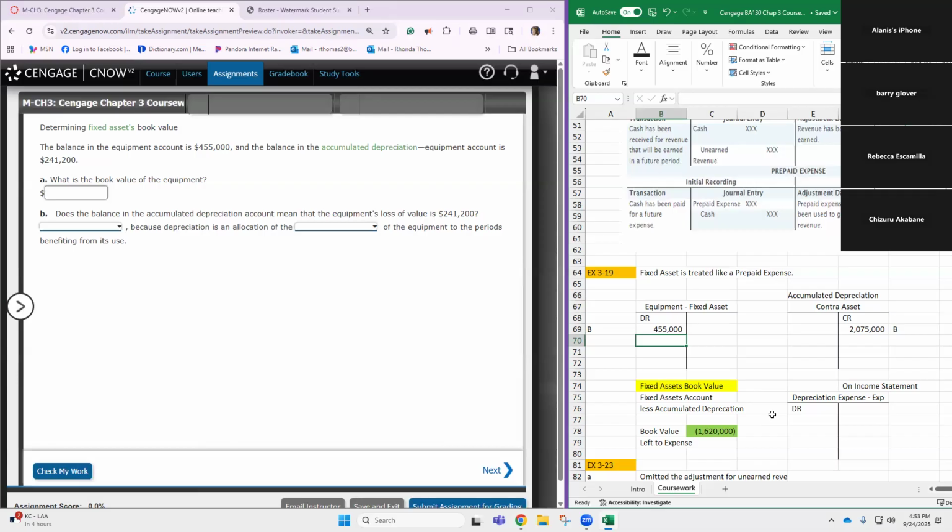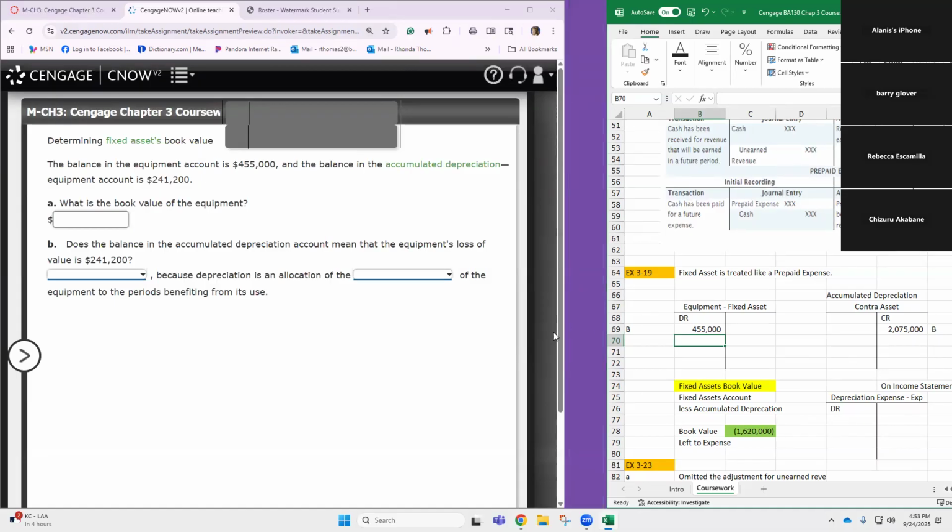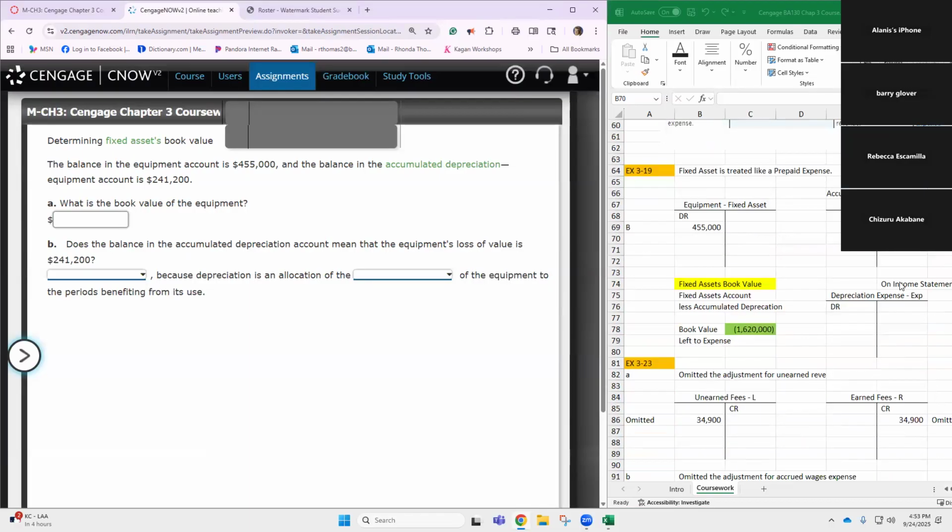So the balance in here is $241,200. I'm going to make this bigger, hopefully, so you can see it. The contra asset to this piece of equipment has $241,200.